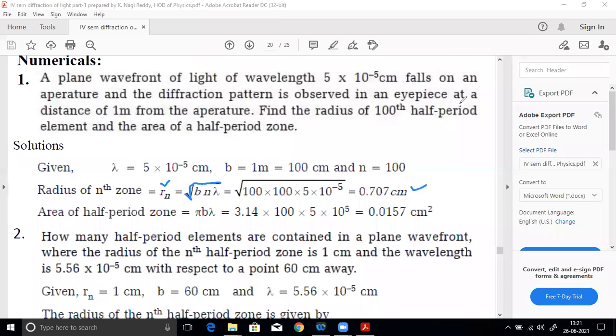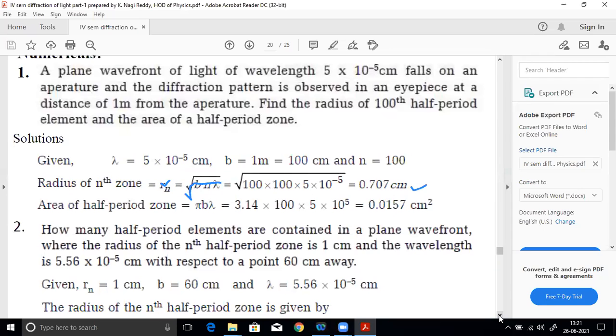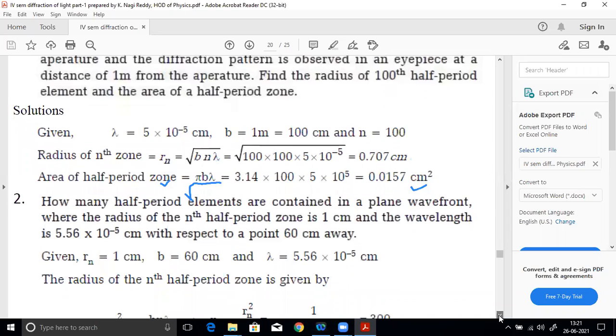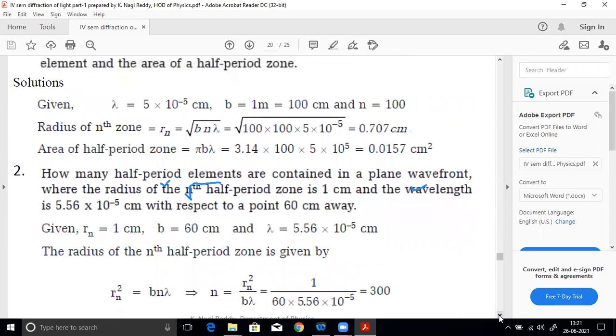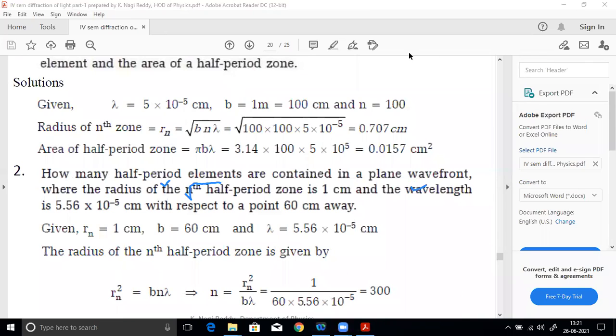Then you have to find the n value. To find the n value, the formula is Rn square is equal to n b lambda.